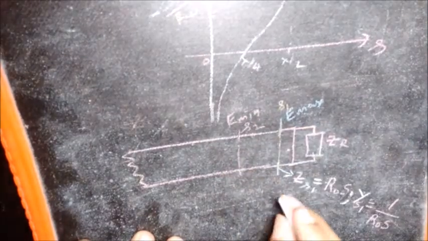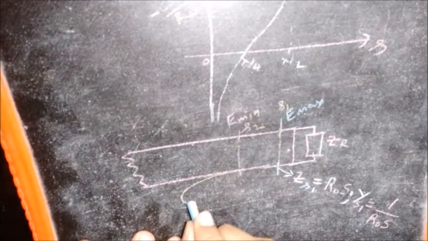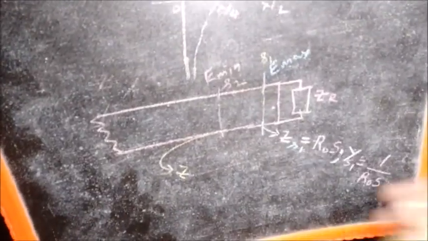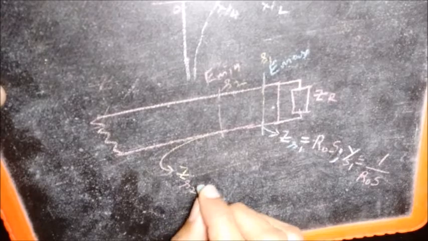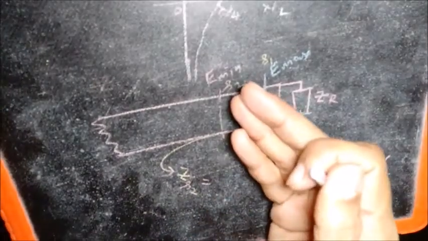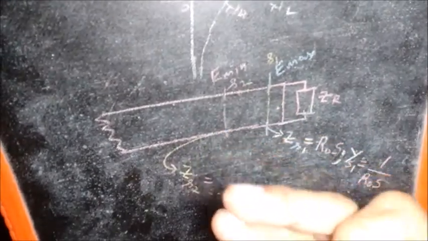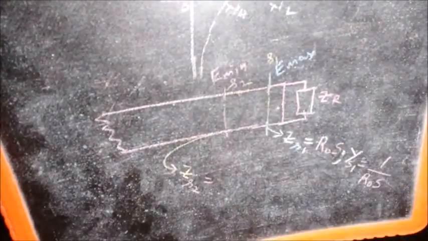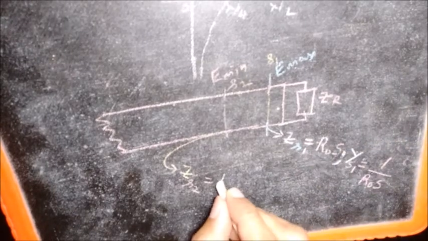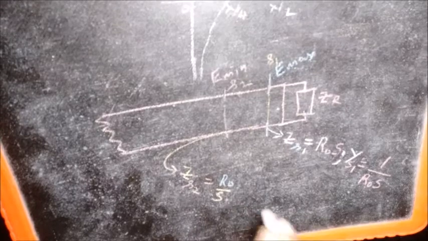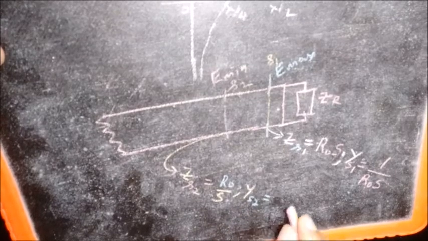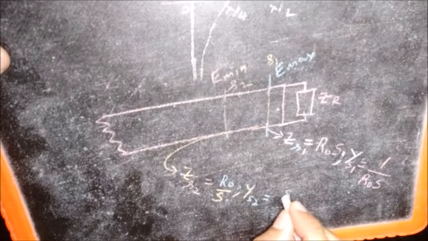So that means ZS2 will be equal to, and again it is a location, a particular point on the transmission line where there is Emin. So Imax, and hence the resistance will be Rmin, which is R0 by S. That means the conductance will be S by R0.